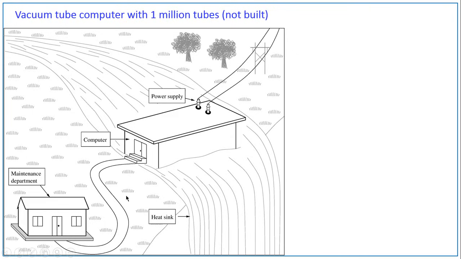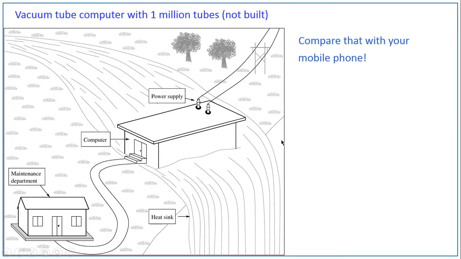And finally, we are going to require a maintenance department to be located on the same premises, because some tube or soldering joint is going to keep failing and we need somebody to attend to that. So we require a 24/7 service for this computer, and the best way to do that is to have somebody right on the location.